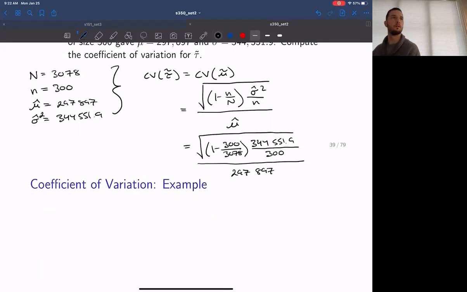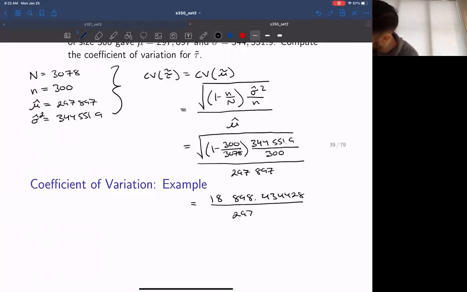Actually, I'll just write it out so that you have the top. So that should give us 18,898.4344428 divided by 297,897. And that should give us 0.0634.